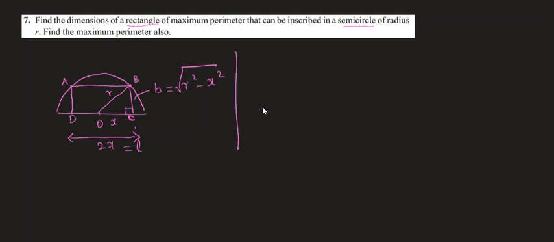Now we have the perimeter, and its formula is 2 into L plus B for a rectangle. Now we have to find P max. Before that, let us substitute: in place of L we can put 2x, and in place of B we introduce the square root of r squared minus x squared.